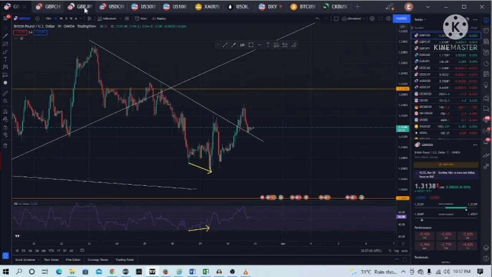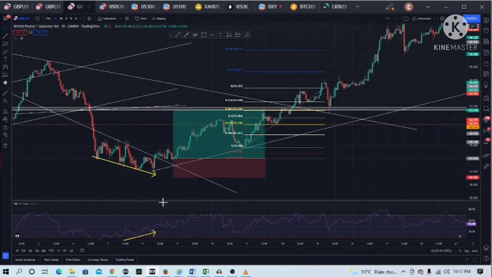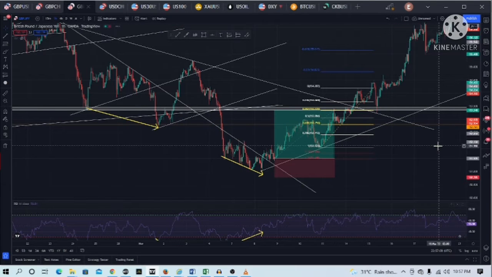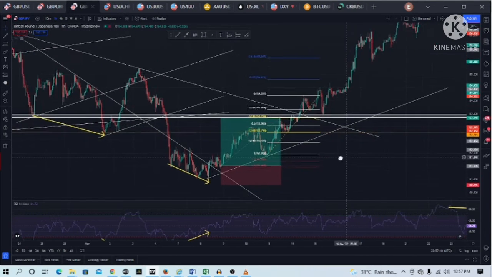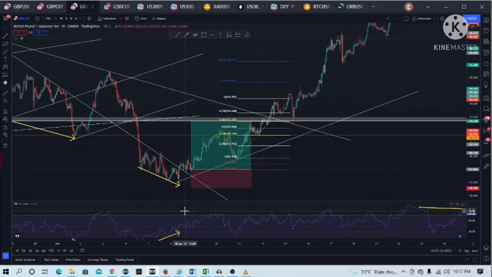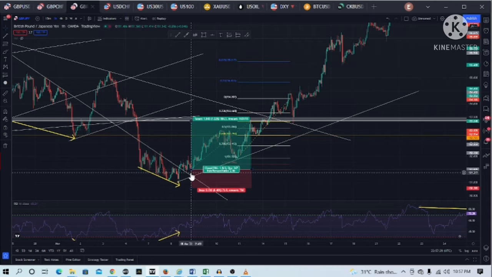Now, the last time I called a trade on GBP/JPY, same strategy, the price moved and it was mind-blowing. The same break and retest, getting my divergence as my confluence, and my trend line, the break and retest of these trend lines, and then that was just it.